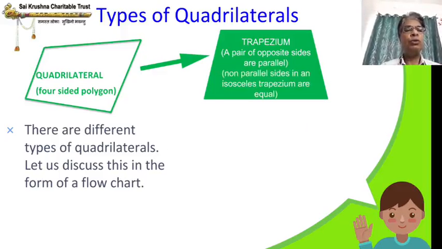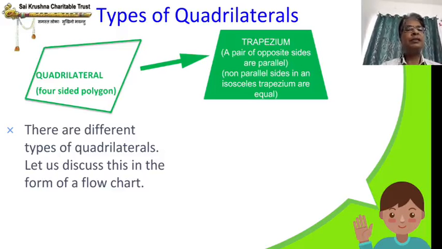Since we are not going to study trapezium, I am not going to elaborate much. But once again, a normal trapezium has a pair of opposite sides parallel. You can see the sides at the top and the bottom, those two are parallel. If two opposite sides are parallel, then it is a trapezium.